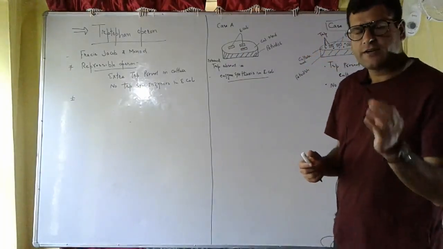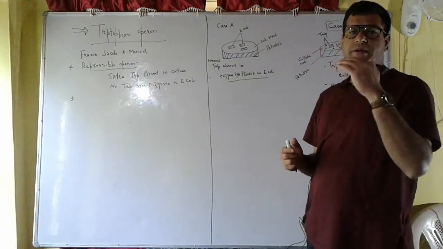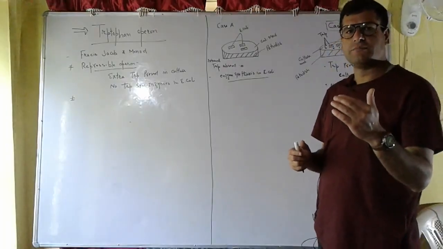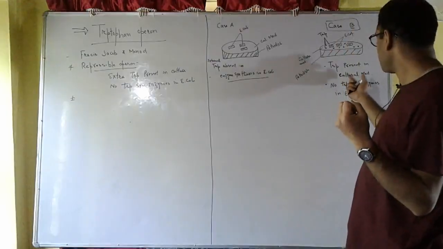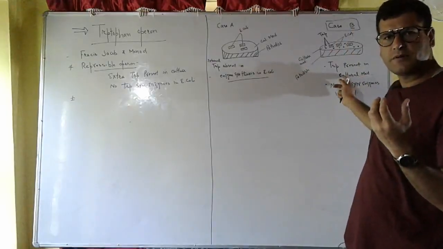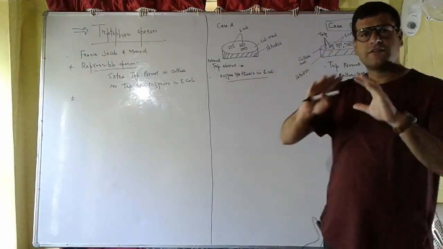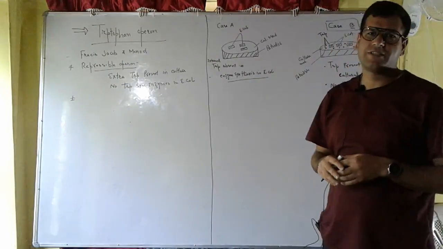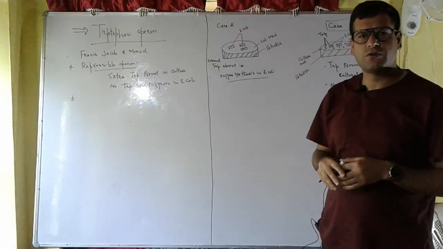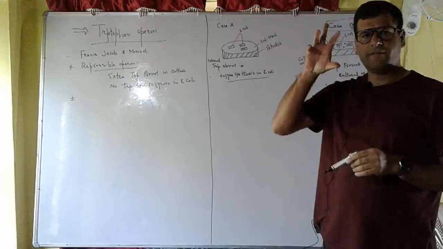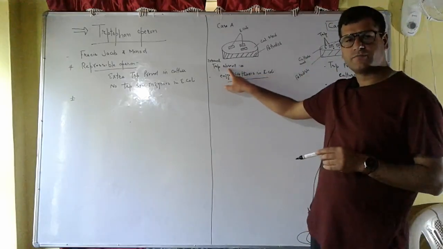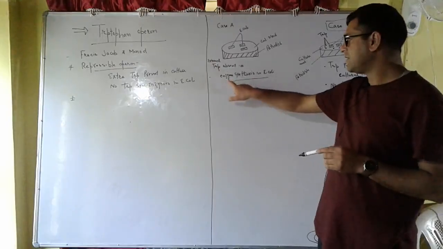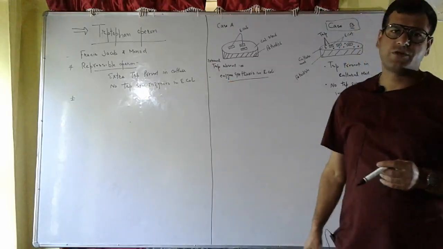Case one: when tryptophan is present in the culture medium, there is no tryptophan enzyme synthesis in E. coli. And when tryptophan is absent, enzyme synthesis occurs in E. coli.